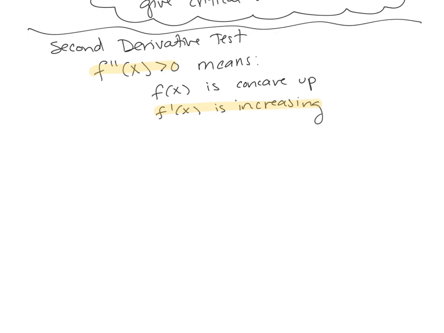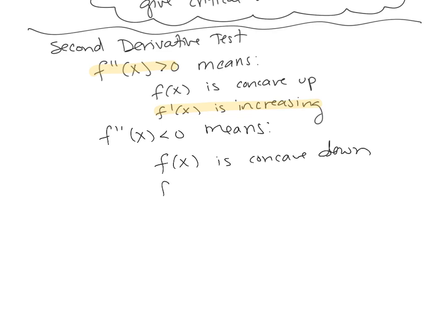Okay. Next, if I know that f double prime of x is negative, again, this means two things. It tells me something about f. It means that f is concave down. And it tells me about f prime. It says that f prime is decreasing. And again, that is a very similar relationship to what we stated up above.